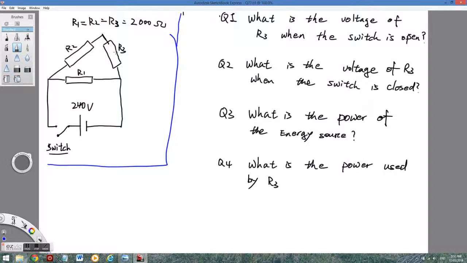So step one is always to redraw it to a more simple form. We have a current when we draw it, and we have a switch. If the switch is open, there's no electricity going through. When the switch is closed, current can go through.